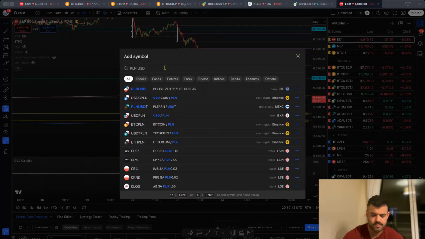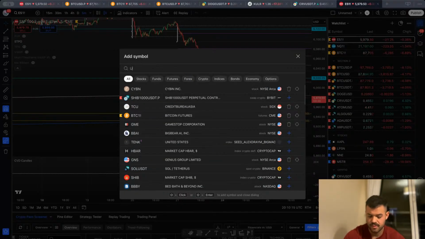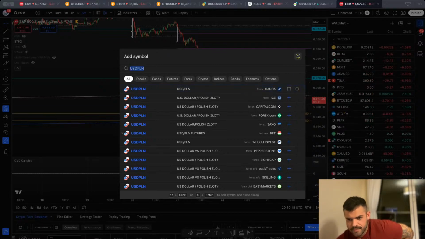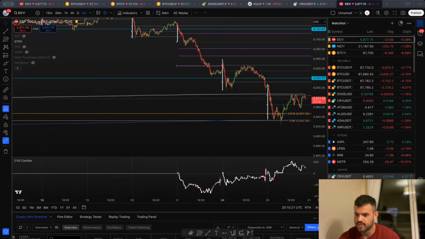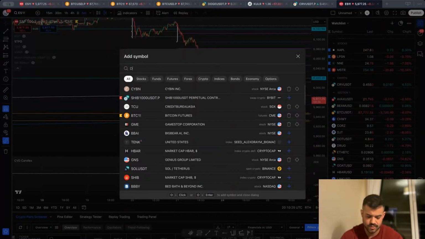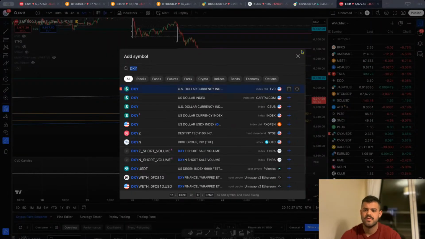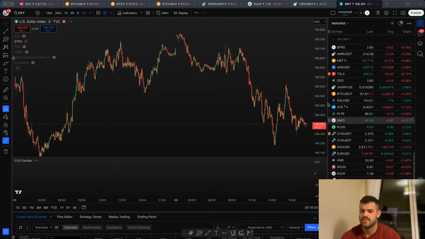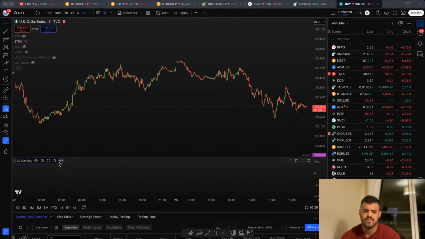USD PLN. I wonder. Yeah, I'll do DXY quick and then we'll do that. DXY. I think I did DXY ages ago, so we'll see what that is. Here are the CBD candles.